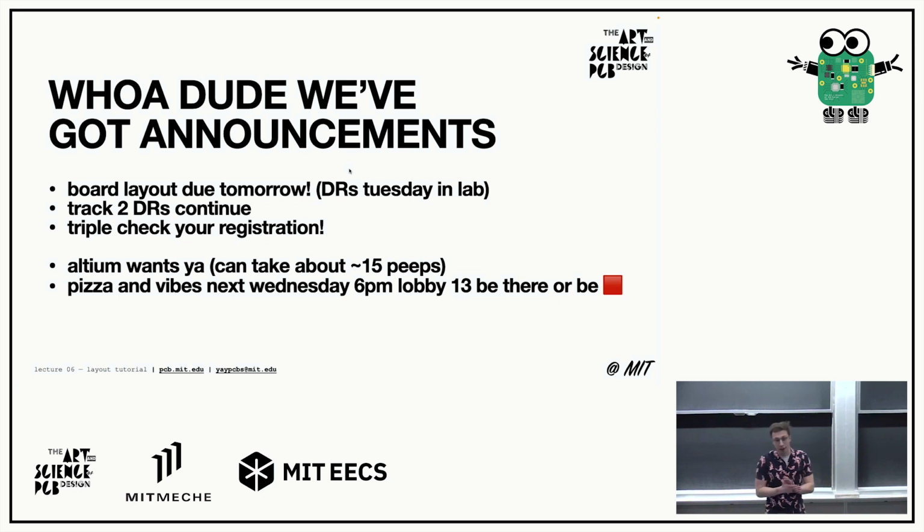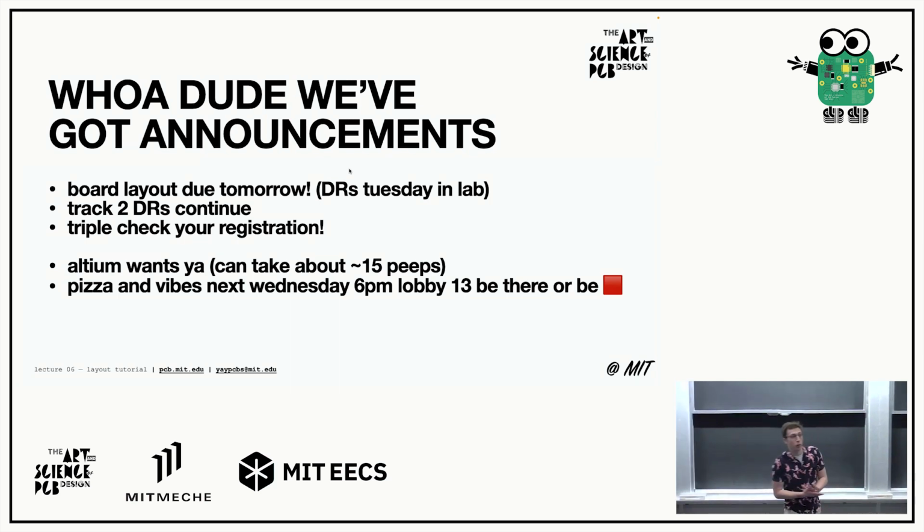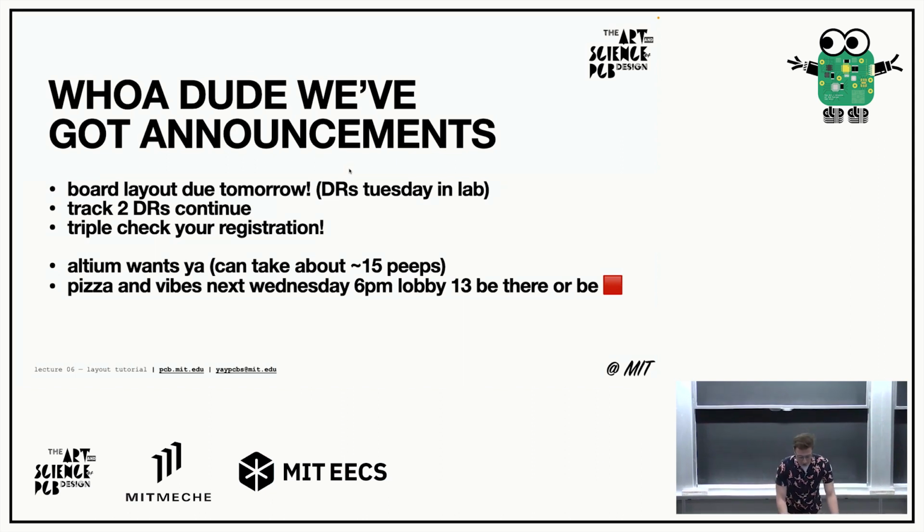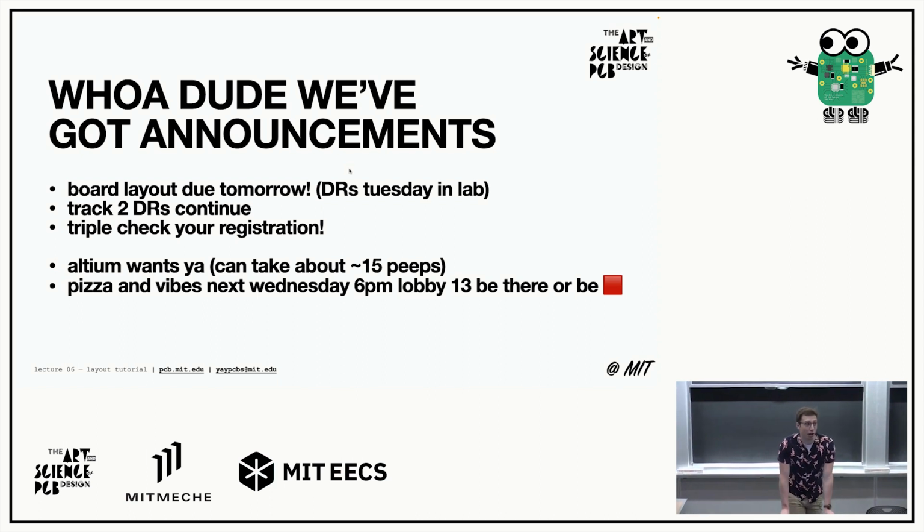So triple check that. It's IAP, so add drop forms do not require any instructor approval, I believe, or any advisor approval. So it's literally just you push a couple buttons and then it automatically goes through. So please be on top of that, to make things easier on us and easier on you.